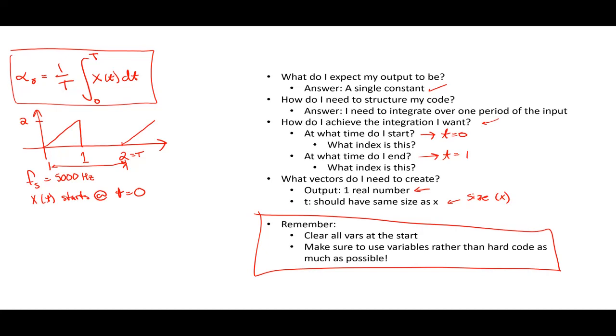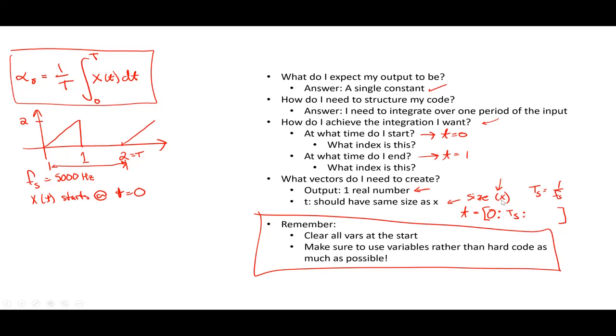And I'm going to need to create t. Since I know that it starts at 0, it's going to go from 0, and it's going to increase in steps of t sub s, where t sub s is equal to 1 over f sub s. And I'm told that I'm given it over one period. So I don't know where to stop exactly, because I need to make sure that I stop at something given by the size of x.